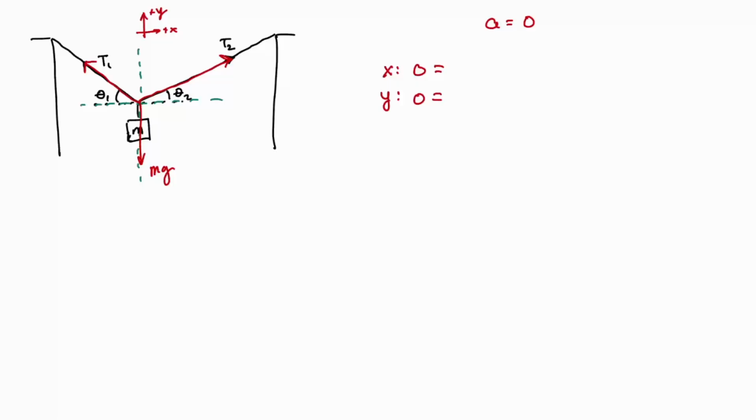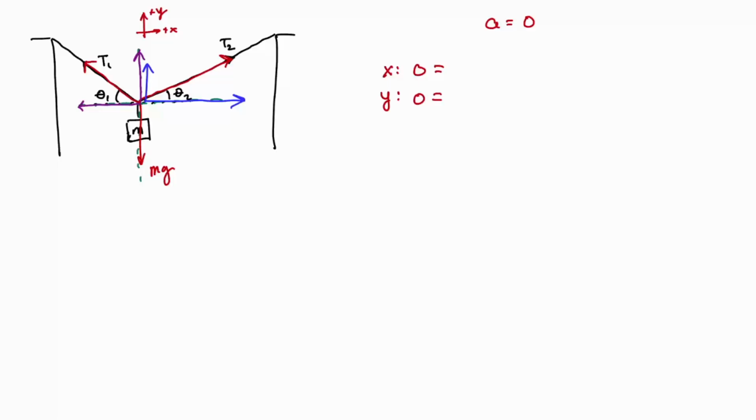So I'm going to draw up and left. Those are the parts of T1. Which way does T2 point? Up and right. So what are the components going to be? Up and right. I didn't make them long enough, but you get the idea.